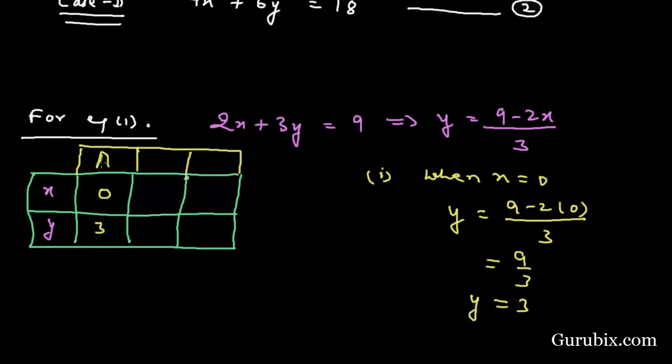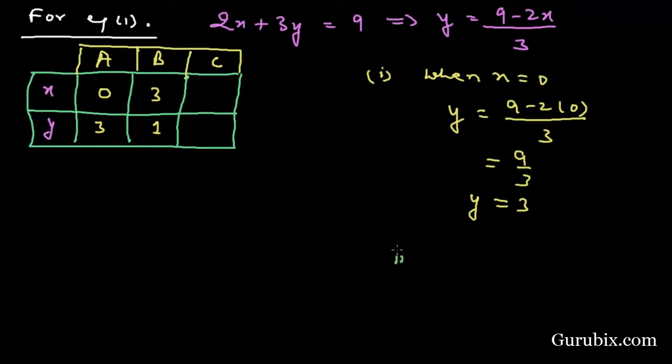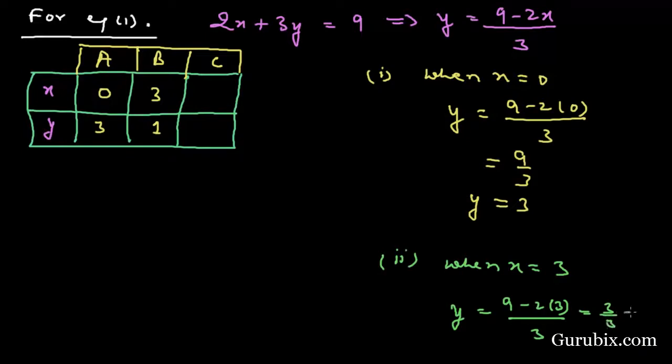Let us denote it by capital A, this is point B and this is point C. And if we put x equals 3, then we have y equals 1. This is the second point. When x equals 3, y equals (9 minus 2 into 3) over 3, which is 3 over 3, which means 1.